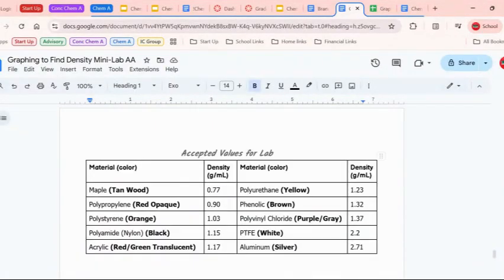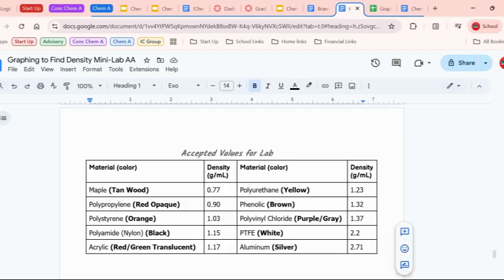Well, the known density for this substance was right here, ladies and gentlemen. So you tell me that in your conclusion. We believe it was this material because we found the density to be this number, which is close to the known density, the accepted value, the target value shown in this table. And that is how you write your conclusion, ladies and gentlemen.